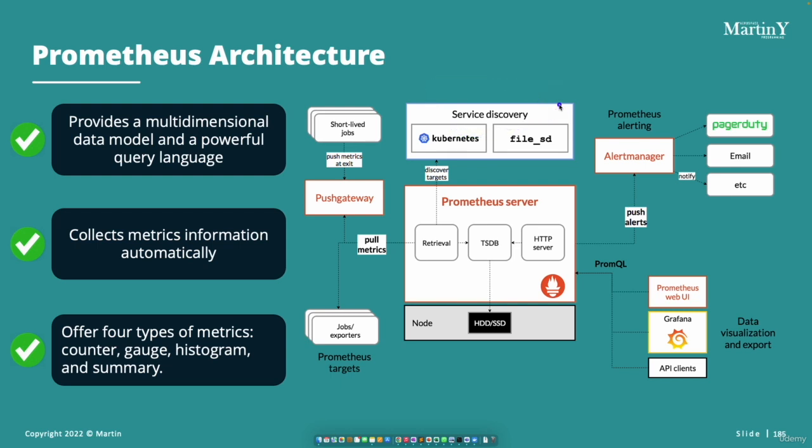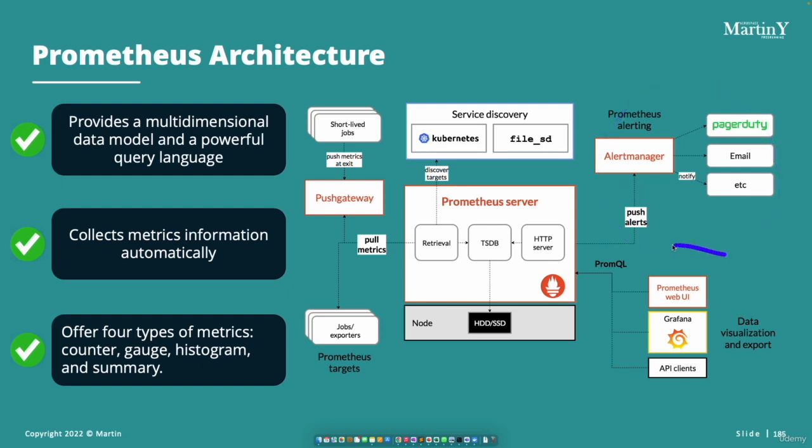It also has client libraries, and those libraries are pretty much in charge of exposing individual metrics of the applications to be monitored to Prometheus format, so that they can be collected and run by the Prometheus server. And finally, you have the Alert Manager, which manages the alerts that have been sent to Prometheus.